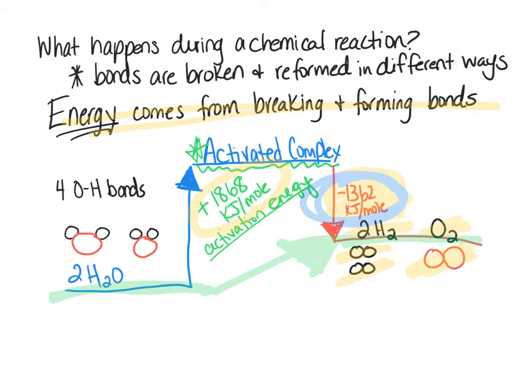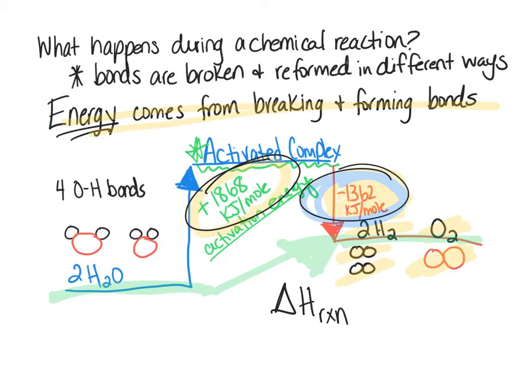And so we can calculate that, and we call that the delta H, or the amount of enthalpy of the whole overall reaction. Since it took 1,868 kilojoules per mole to go in and 1,362 kilojoules of energy to come out, the delta H of the reaction is going to be 506 kilojoules per mole.